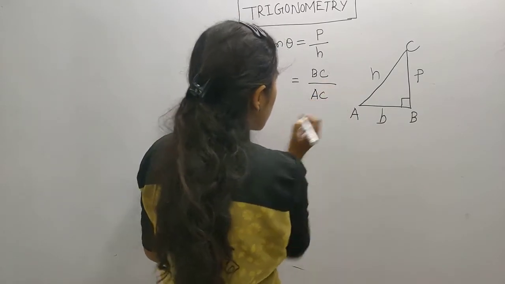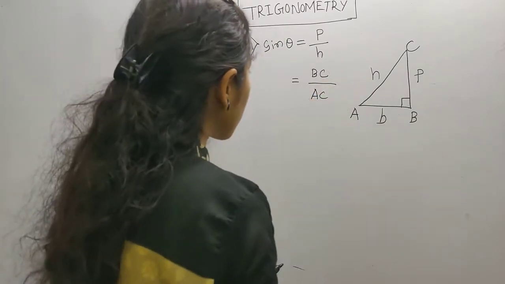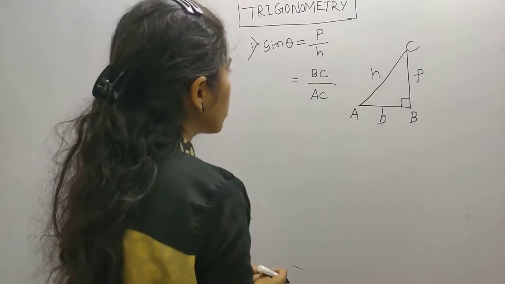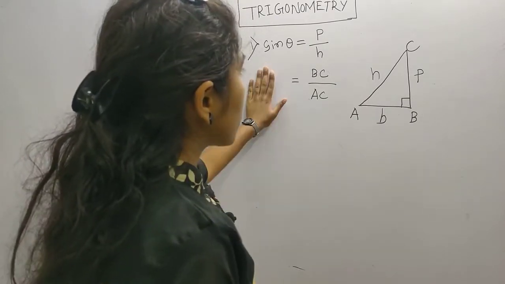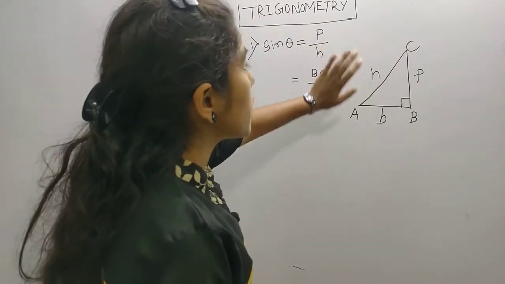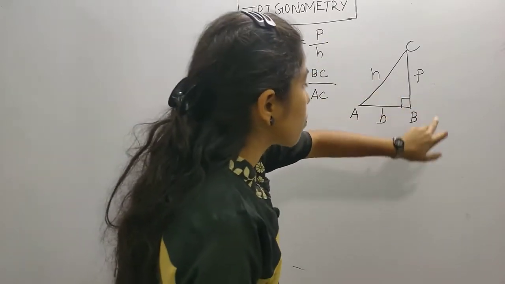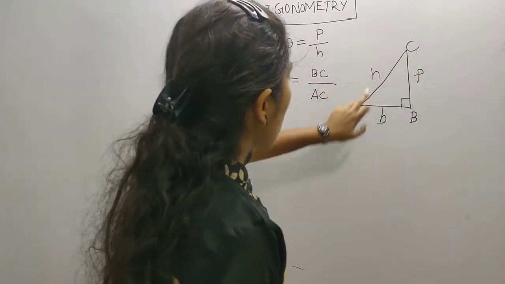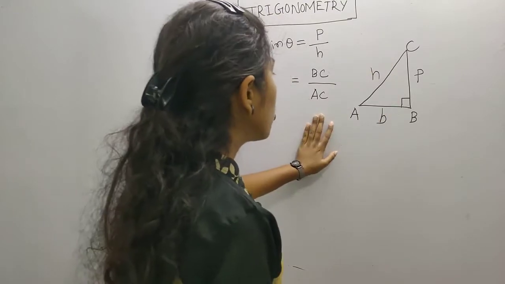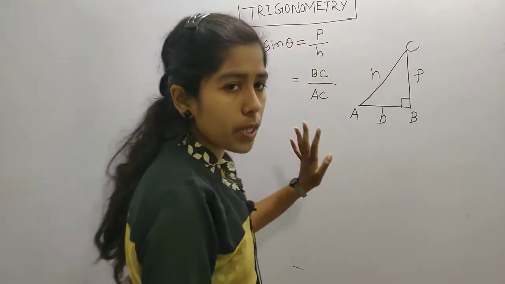BC by AC, right? Anyone can normally write that sin theta is P by H. So, P is the BC side, and the hypotenuse is the AC side. So, P by H equals BC by AC.